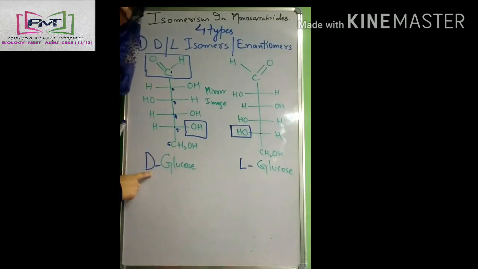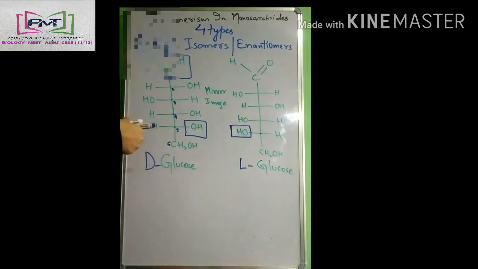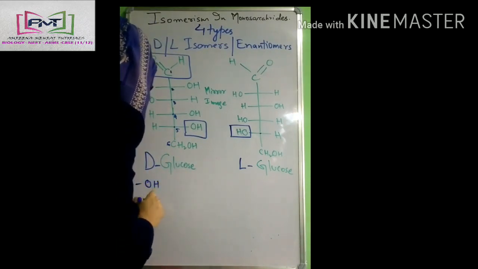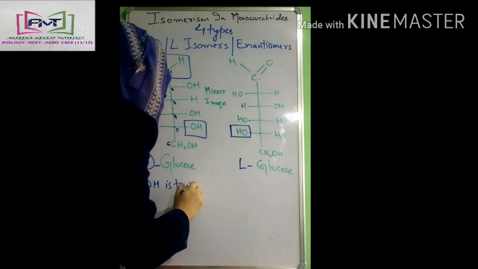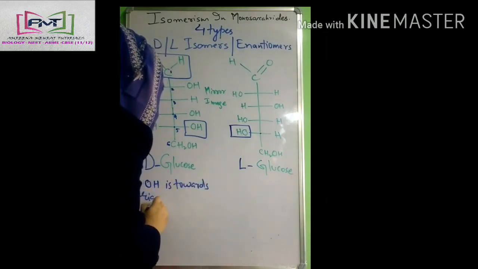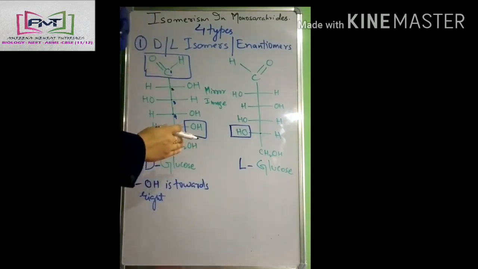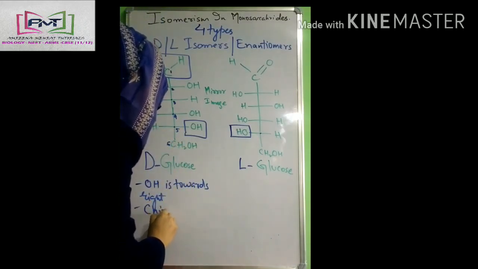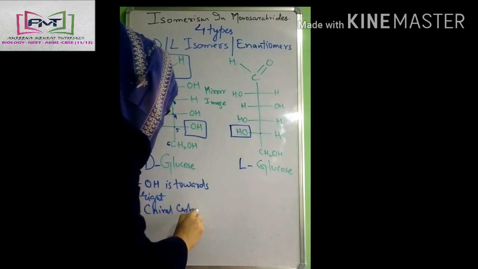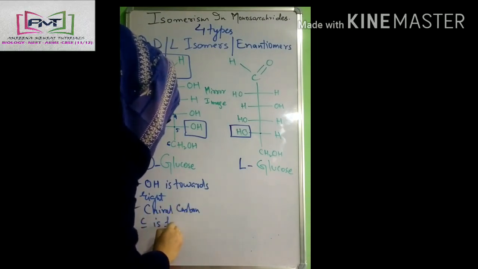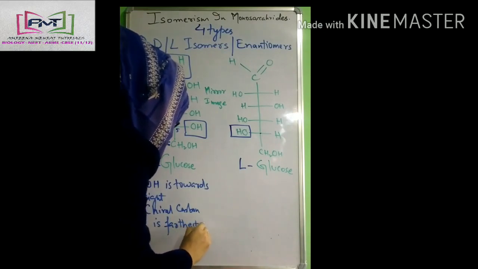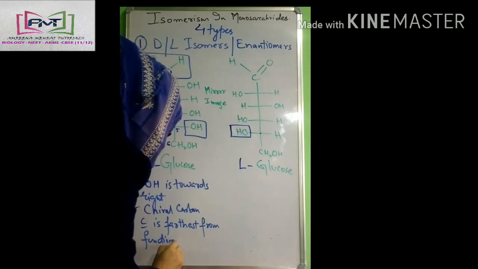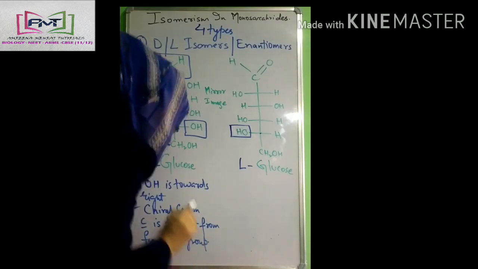So what are D isomers? D isomers are those isomers in which the OH group is towards right. But is it any OH group? No. The OH group is towards right in case of the chiral carbon which is farthest from the functional group.